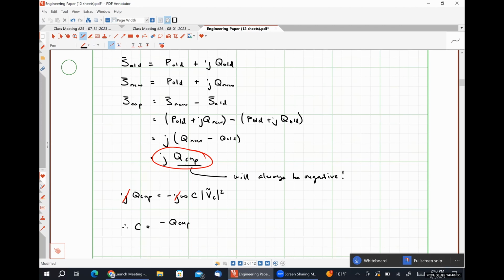So negative the reactive power provided by the capacitor, which is itself a negative. Negatives cancel each other out and we wind up getting a positive capacitance: negative Q cap divided by omega times the voltage drop across our capacitor squared.